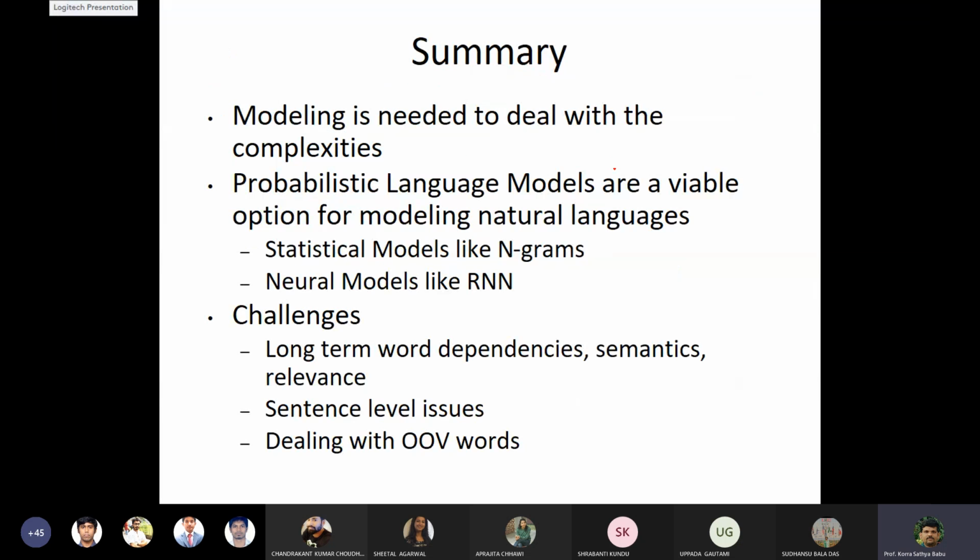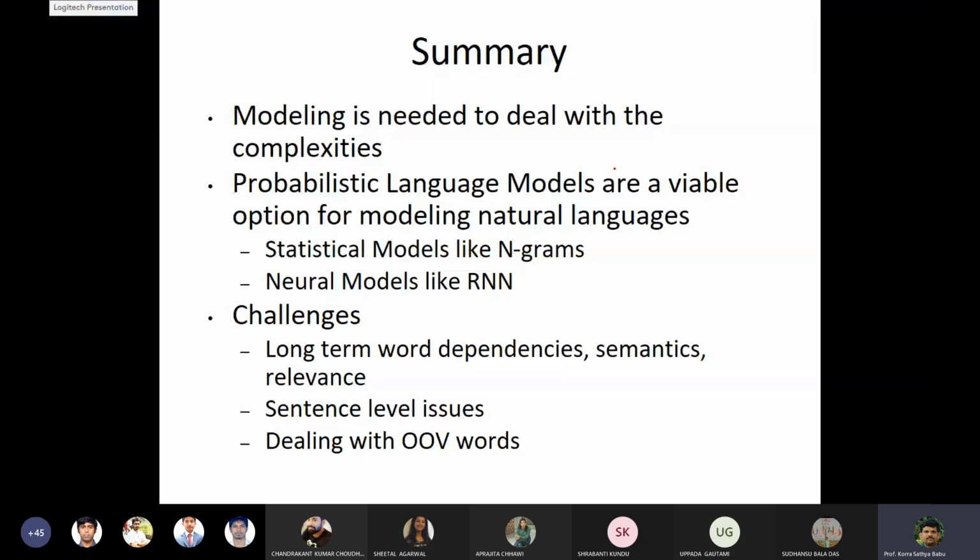So the summary of the evaluation of language models is that modeling is needed to deal with the complexities, and we use probabilistic language models: statistical models like n-grams, or neural models like RNNs.